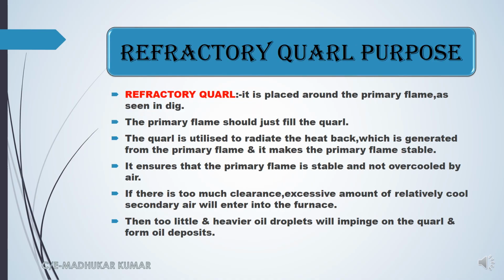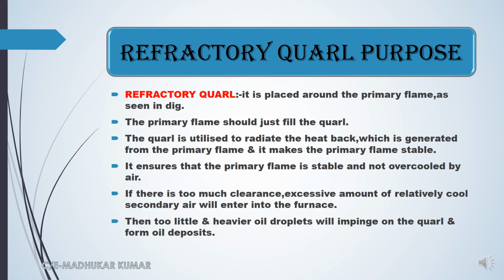Now the purpose of the refractory coil. Okay, so as we have seen, it is placed around the primary flame, or rather the primary flame has to be well within the refractory coil. So the primary flame should just fill the coil. Why? Because the heat radiated by the primary flame is radiated back by the coil, and basically it provides sufficient heat to the primary flame and makes it stable.